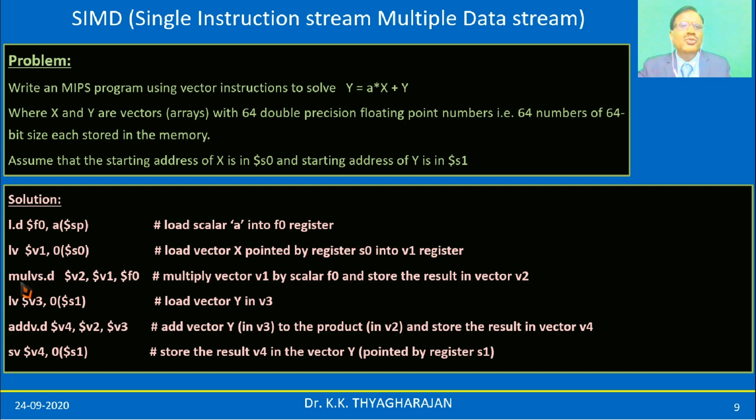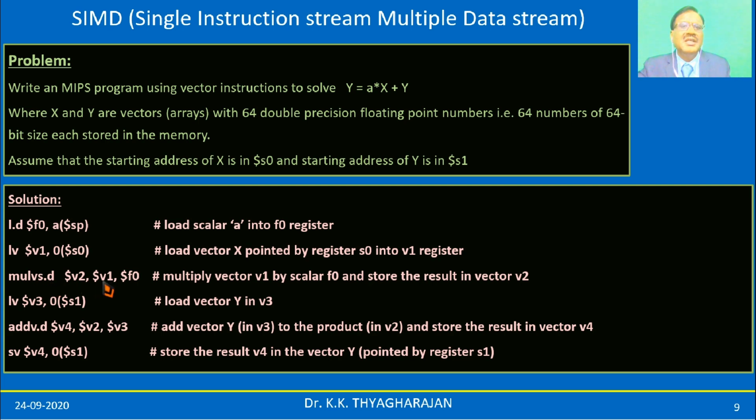Then you multiply this vector by the scalar. The scalar is available in F0 now, and the vector is available in V1. Multiply these two. For that you have to use the instruction MULVS.D, multiply vector scalar double precision.